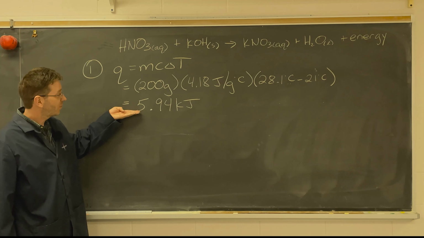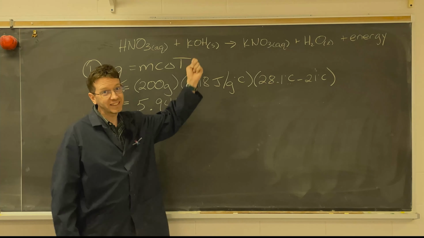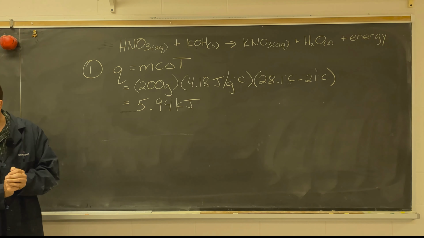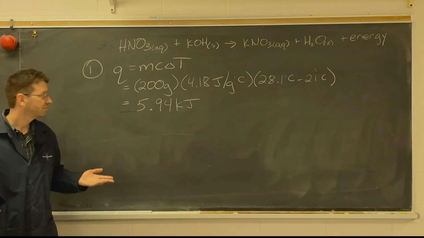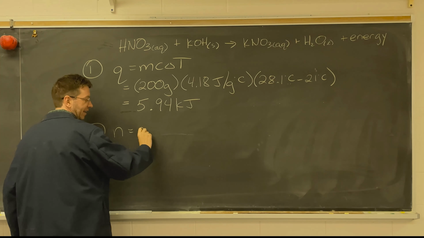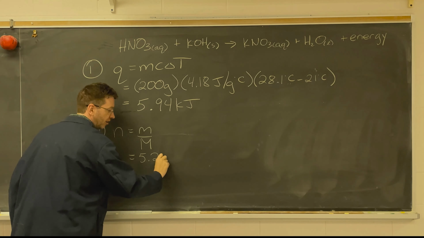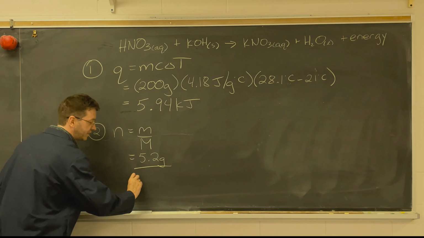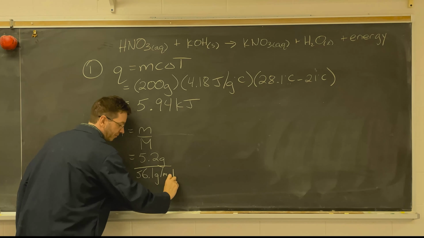Well, this is how much energy the water increased by. But our potassium hydroxide, we didn't have 1 mole of potassium hydroxide. We had 5.2 grams of it. So how many moles is that? Well, let's figure that out. So step 2, moles is mass over molar mass. So we have 5.2 grams of potassium hydroxide over its molar mass, which is 56.1 grams per mole.